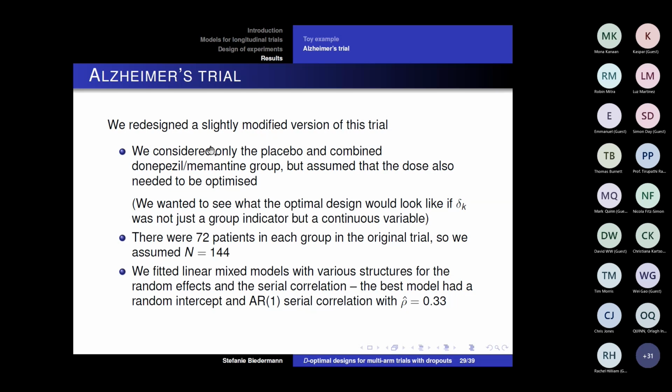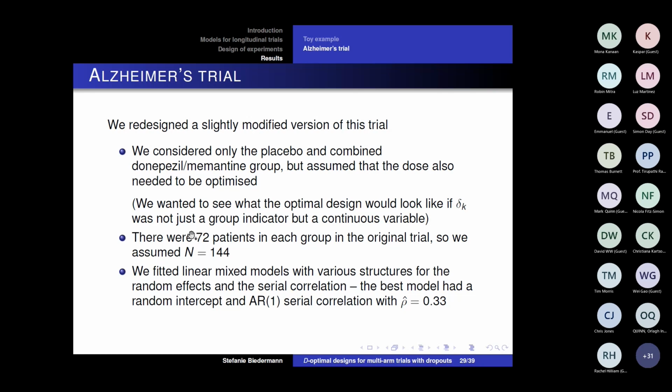So we considered only 2 groups, the placebo and donepezil memantine group, but then assumed that we had some continuous variable called dose that also needed to be optimized.